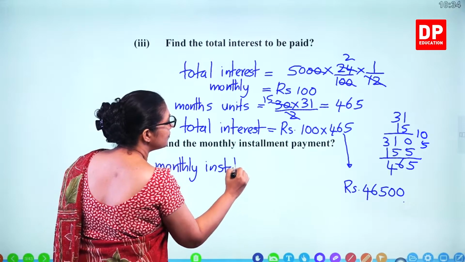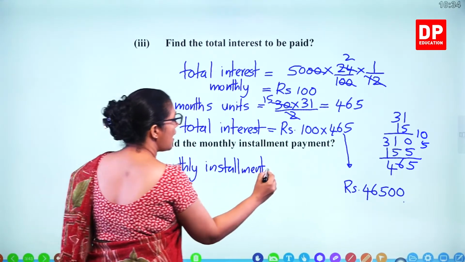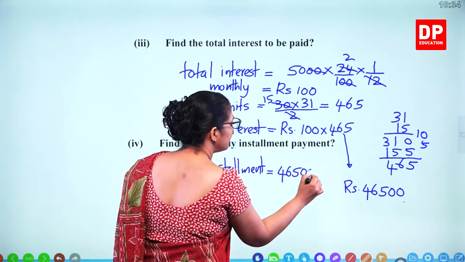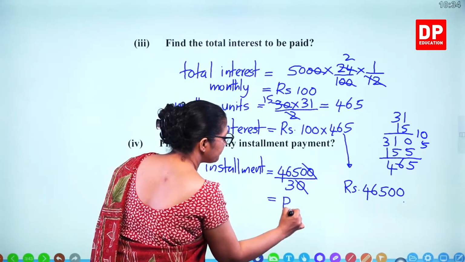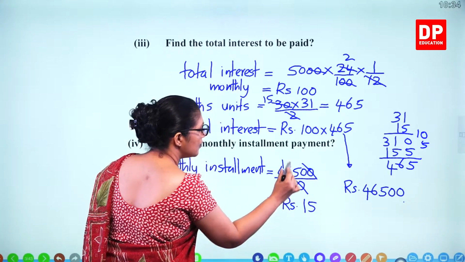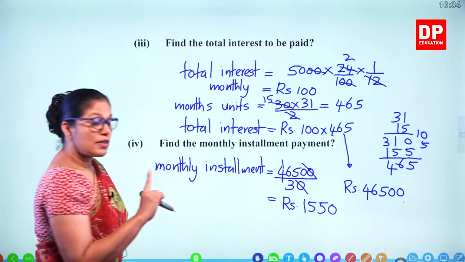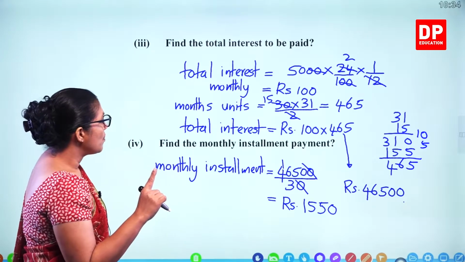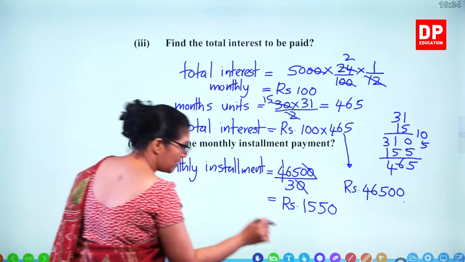You can divide this by 30 to find the monthly interest. So what's the monthly interest? That's 1,550, that's the monthly interest. This is not the installment, it is the monthly interest.